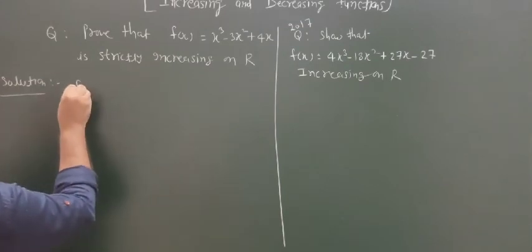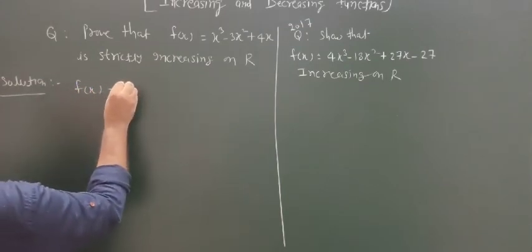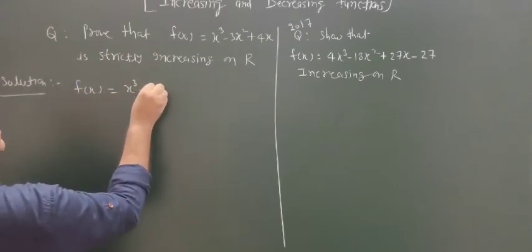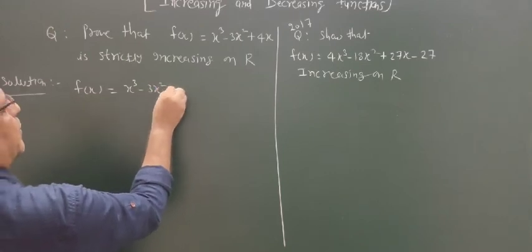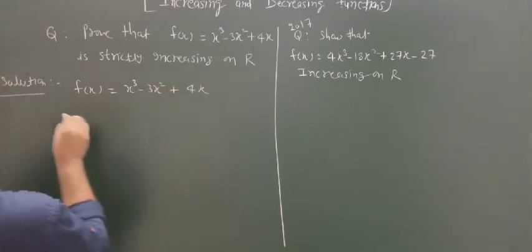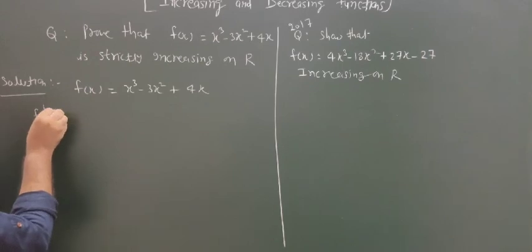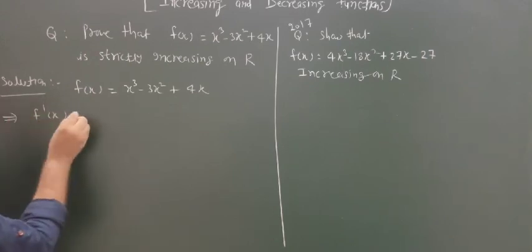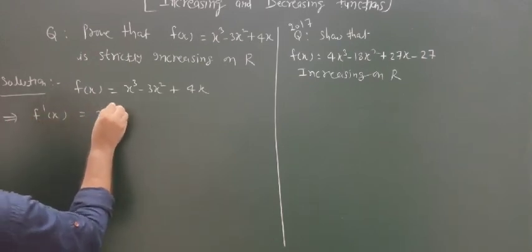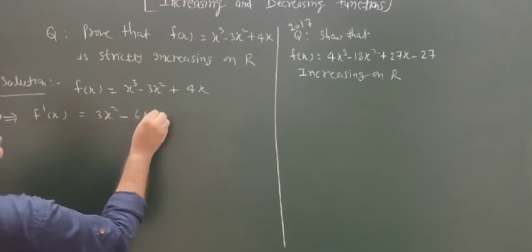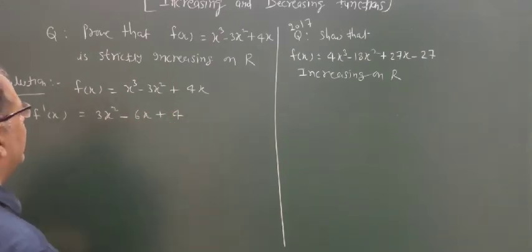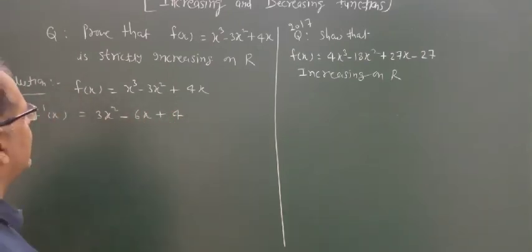So f(x) equal to x cube minus 3x square plus 4x. Now differentiate. We have 3x square minus 6x plus 4.